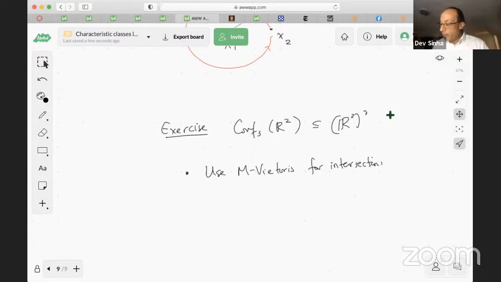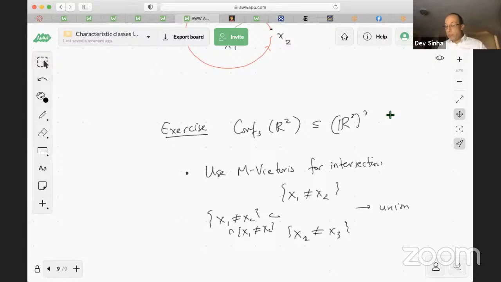I can think about x1 distinct from x2 as a subspace, or x2 distinct from x3, say. Then I can take their intersection, or their union, and run a Mayer-Vietoris there.